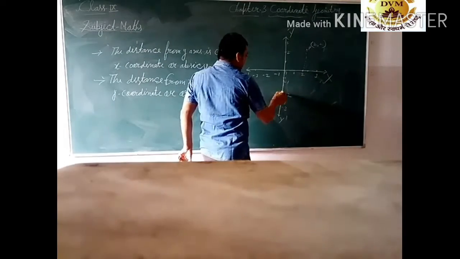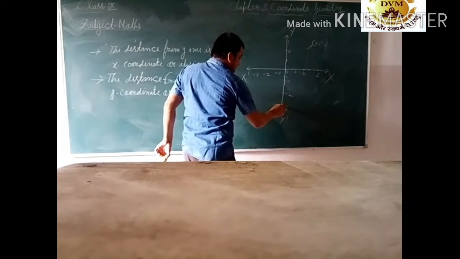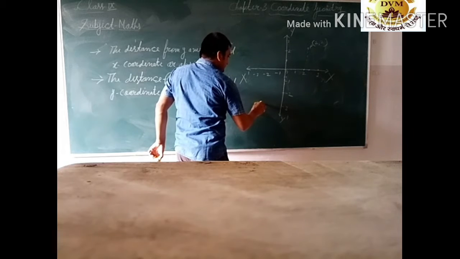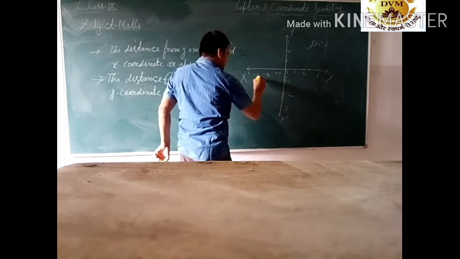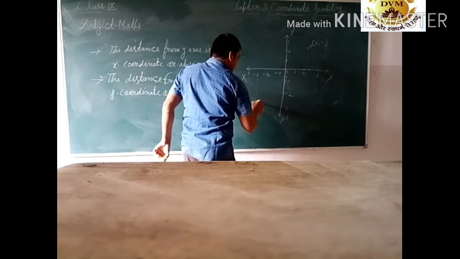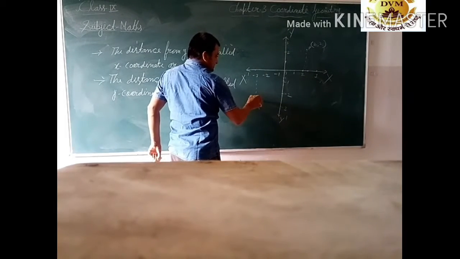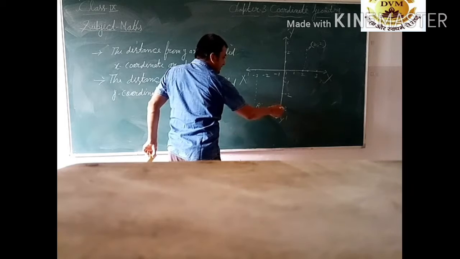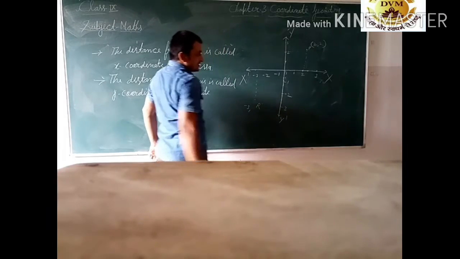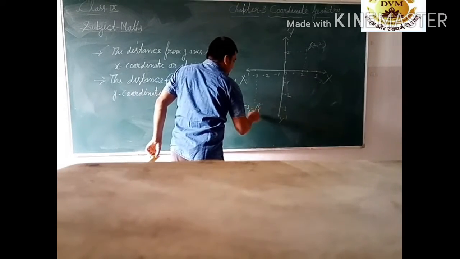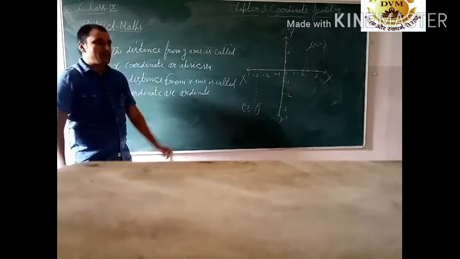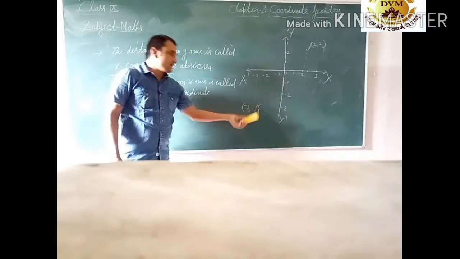Now we have to find the coordinate of this point. Suppose point R. On the x-axis this is -3, and on the y-axis this is also -3. So the coordinate of point R is (-3, -3).